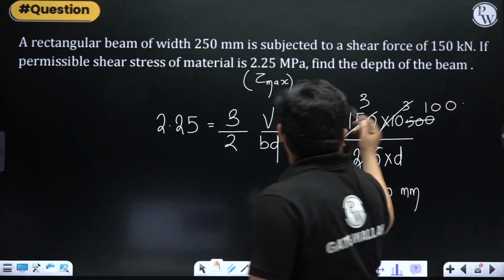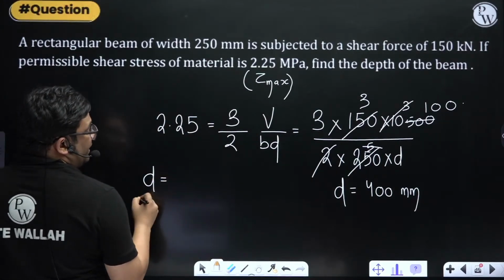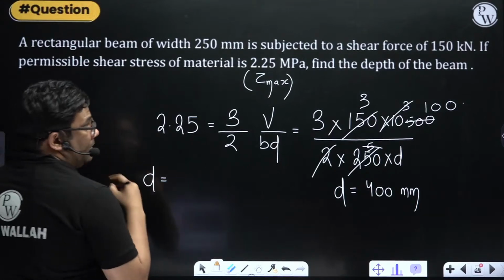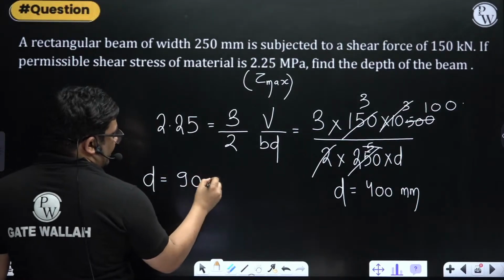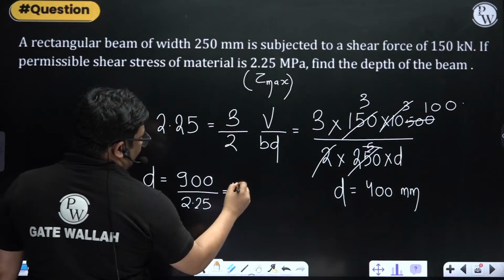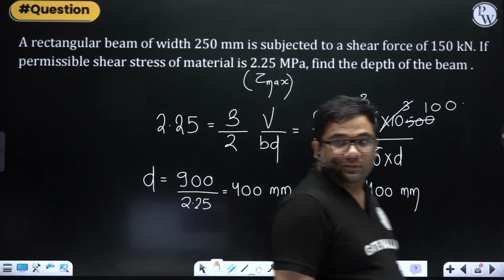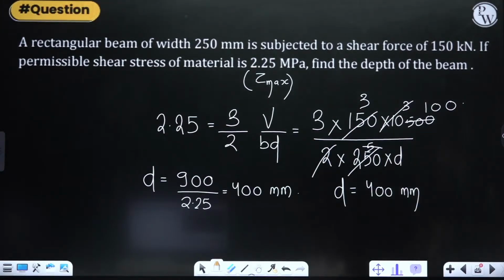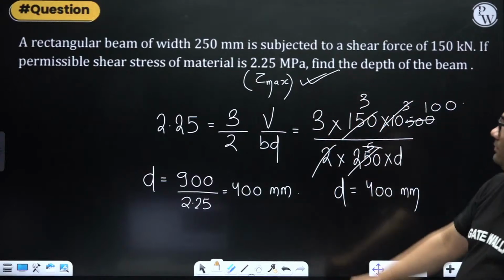So 300. So D is equal to 900 by 2.25. So this is actually 400. With the calculator also we can calculate 400, right? Yes. So the permissible is the maximum shear stress, right?